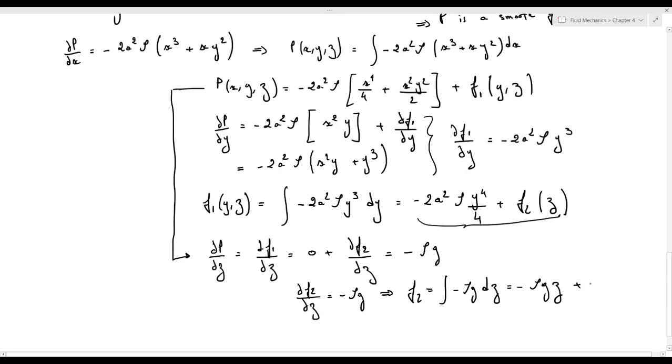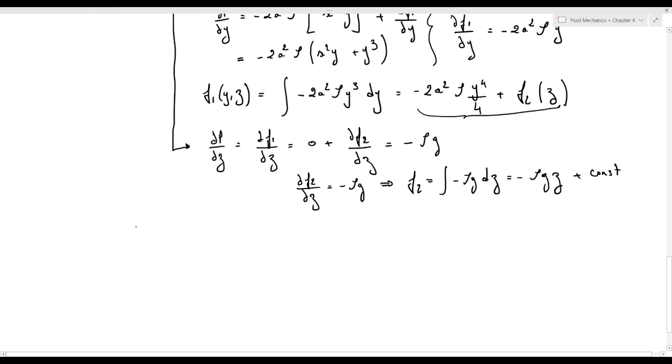So it will be equal to minus ρgz plus a constant of integration. Then in this case f1, which is a function of y and z, is equal to minus ρa² y⁴/2 plus f2, which is minus ρgz plus the constant of integration.